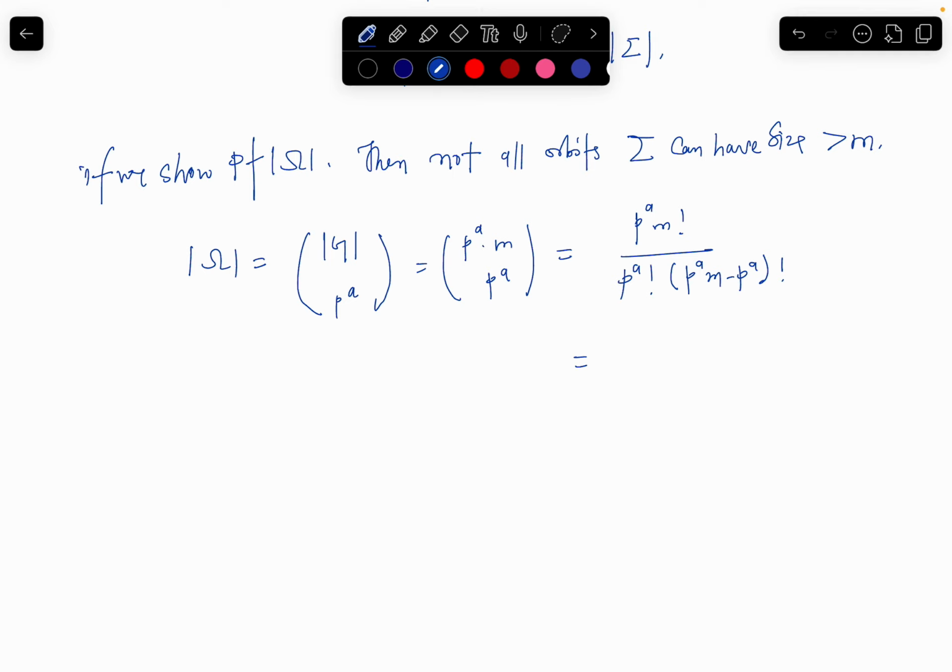Now we can do some manipulations. Let's see what can be done.